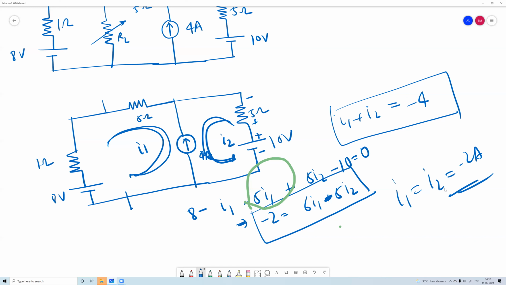Right. So now what will be VTH? We did find I1 and I2, but that was not the goal.